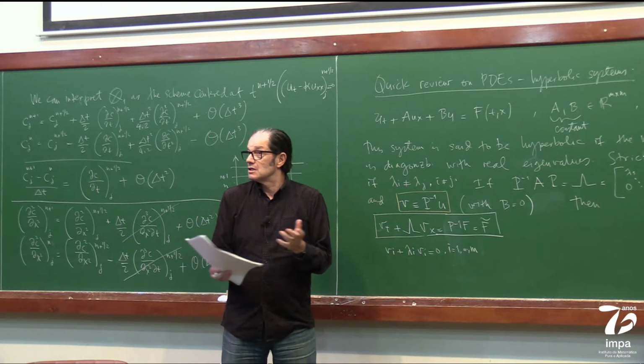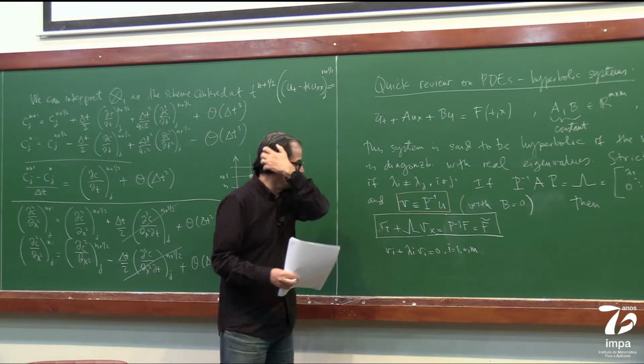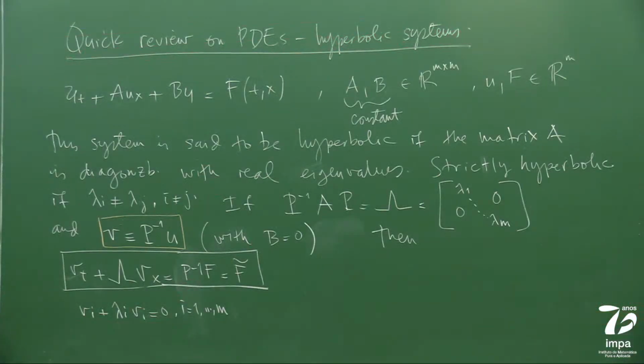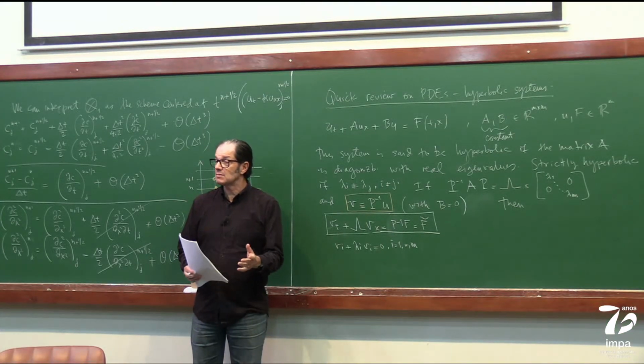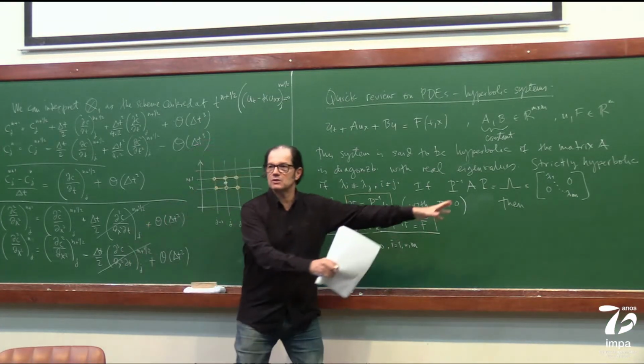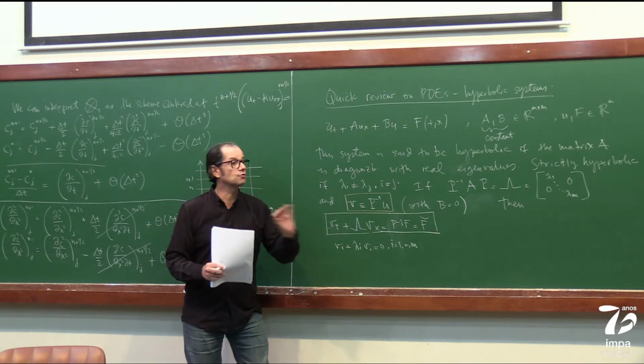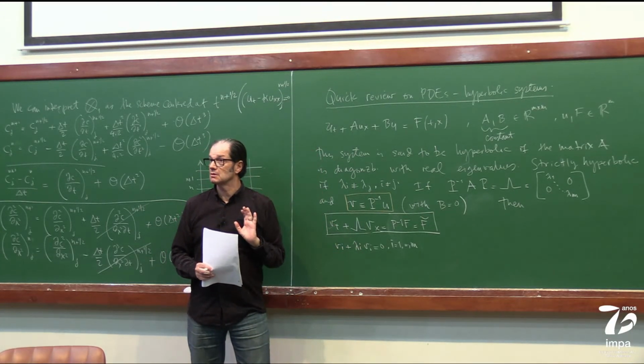So intuitively, what does this mean? Intuitively, if I have a certain number of real eigenvalues which are positive, and a certain number of eigenvalues which are negative, that means I have modes that propagate to the right in this coordinate system independently at different speeds.